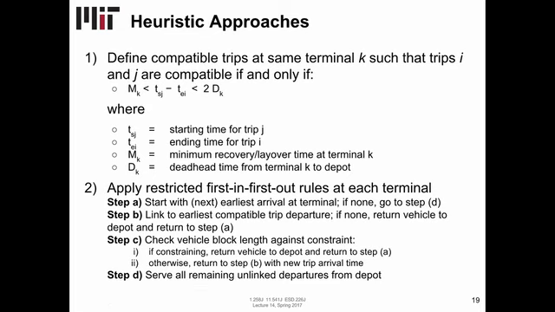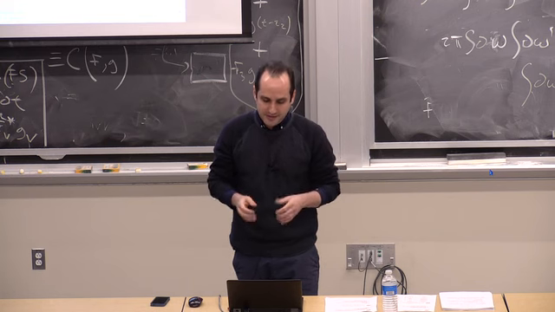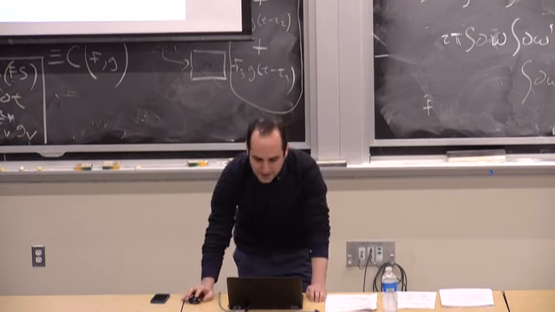The solution may be only as good as just sending the vehicle back to the depot and then pulling it out from the depot to another part of the network. So we only restrict the search for compatible trips to these two bounds.